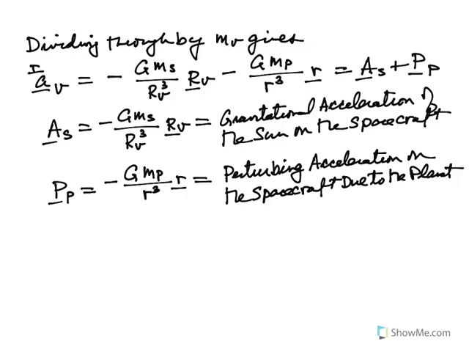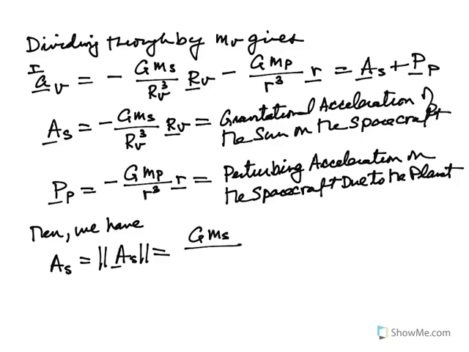Now, if we look at the magnitudes, we have the magnitude A sub S, which is equal to G times M sub S all divided by R_V squared, and P sub P, which is equal to the magnitude of this perturbing acceleration, is equal to G times M sub P all divided by r squared.